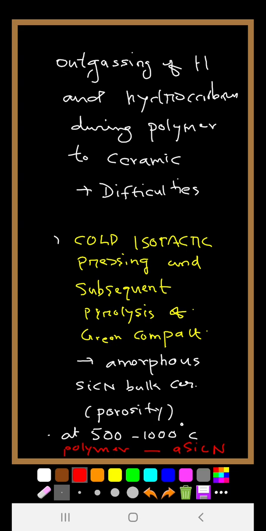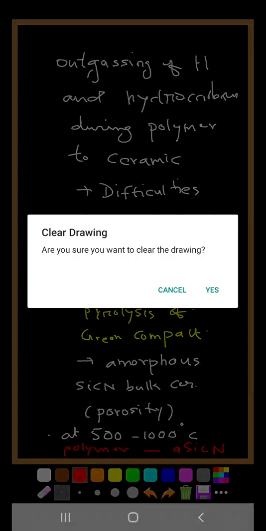Now, talking about the films, SiCN can also be deposited in the form of film. So now we're talking about SiCN films or thin films or coatings, whatever. The high performance SiCN film is due to the small grain size.